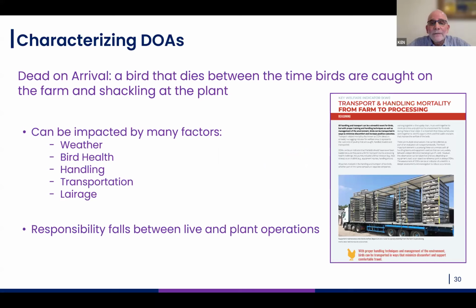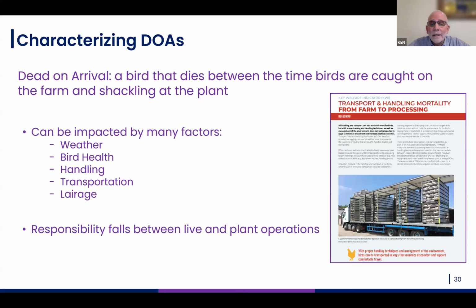So very specific time frame during the production cycle, really a relatively short time in the entire bird's life, but a pretty traumatic time, given that for the bird's life, once they're delivered from the hatchery, they live a pretty stress-free life on the broiler farm until the last 18 hours, 12 hours or so, when they go through a series of steps to get them through the plant.